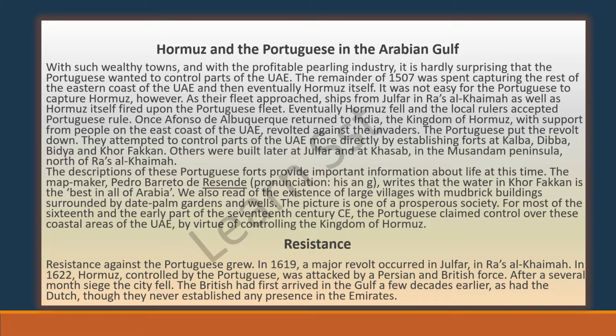They had a large number of ships heading towards the shores of Hormuz, but it was not easy for them to take over because they had to face tough resistance from the Zulfar region as well as from Hormuz itself.